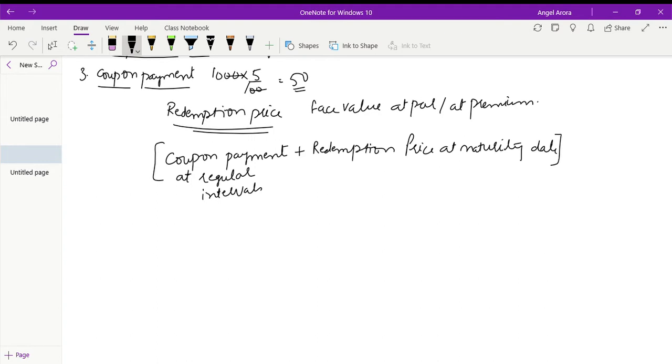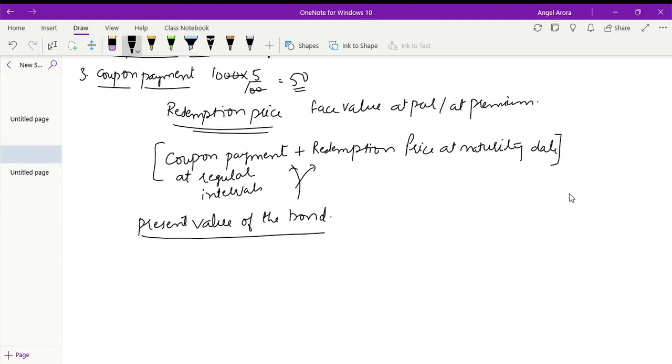But remember, he has to get these in future. So what fair amount should he sacrifice now to get these future payments? This fair amount is called present value of the bond or bond price. He has to sacrifice this amount now to get these two future payments.